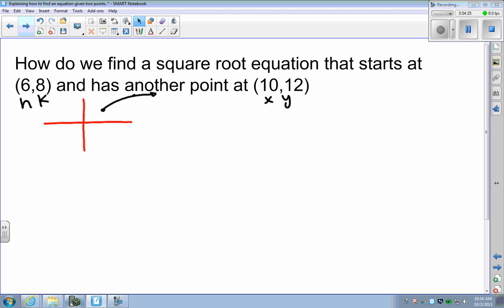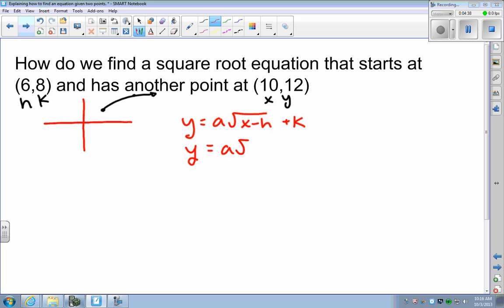So any generic square root equation is going to be A times the square root of X minus H, plus the K on the outside. So let's throw in our vertex. It went right 6 and up 8. Okay, H's are always opposite signs.